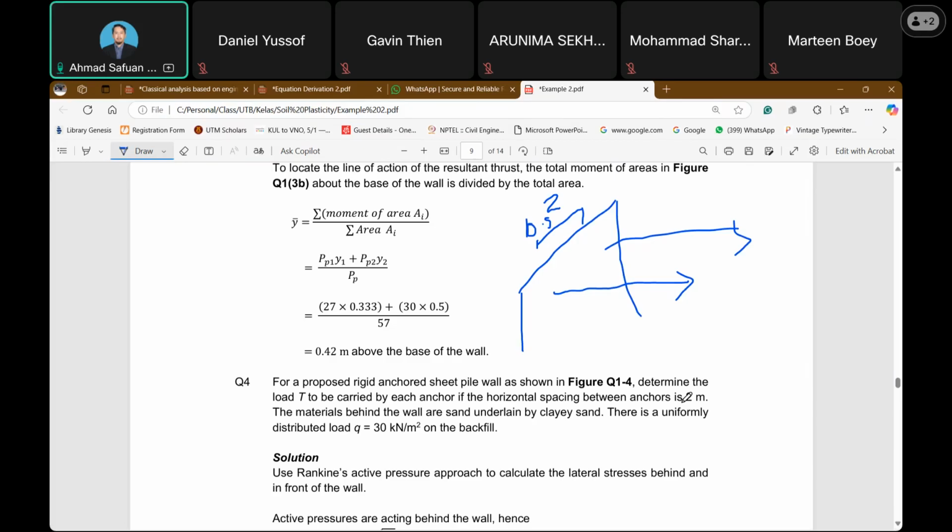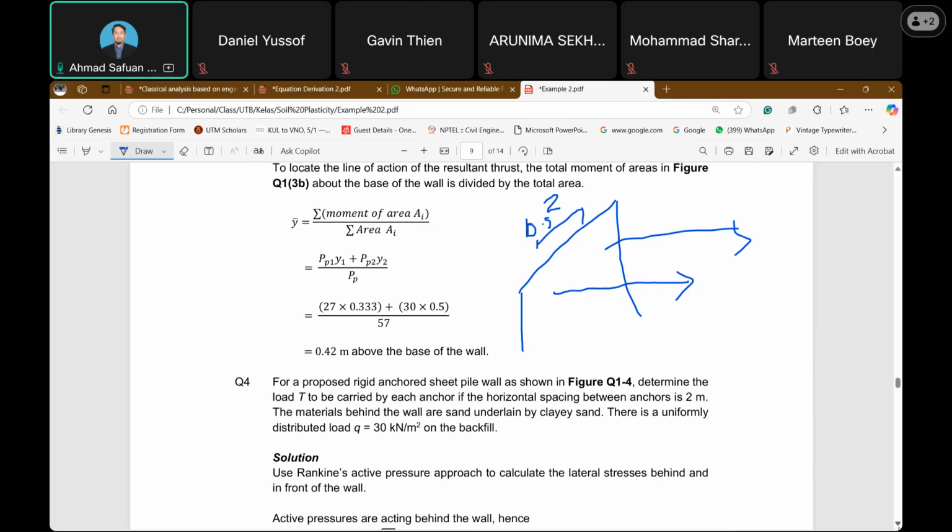So now we look at the calculations. The material behind the wall is sand underlain by clay sand. There is a uniformly distributed load on the backfill.